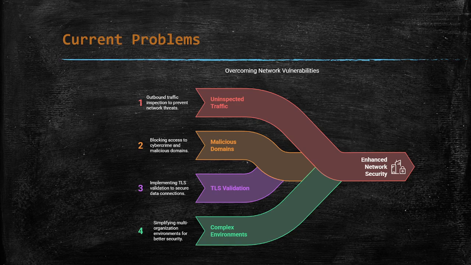If you're aware, in one of my videos I mentioned that each and every organization is required to have an IDS and IPS system. IDS is intrusion detection service and IPS is intrusion prevention service, which get implemented by the firewall.